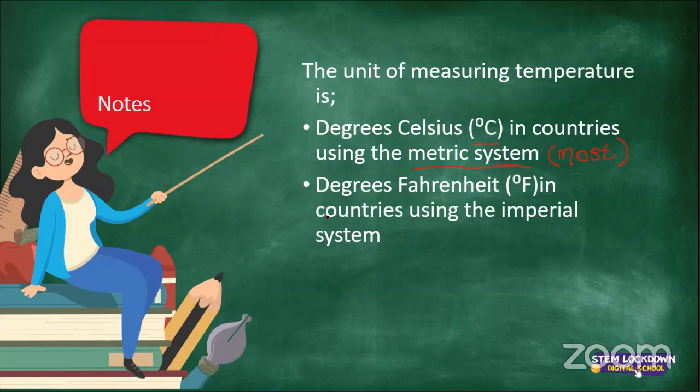Sometimes temperature is measured in degrees Fahrenheit, which applies to countries that use the imperial system, with pounds and ounces, like the USA. The USA still uses Fahrenheit, which is an old way of measuring units.